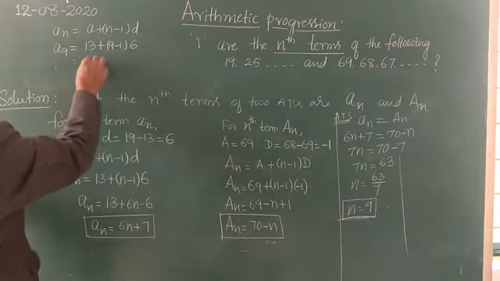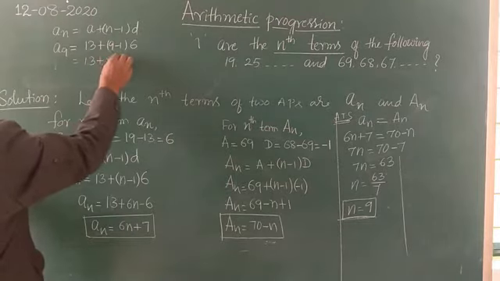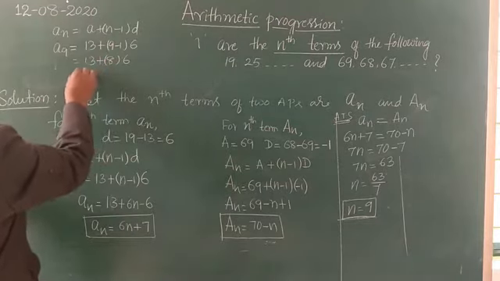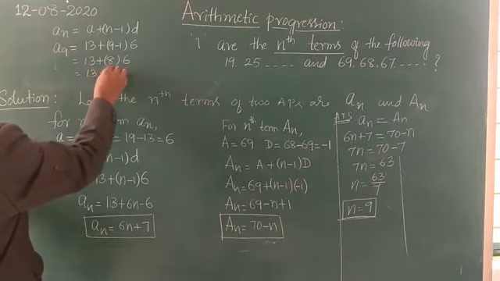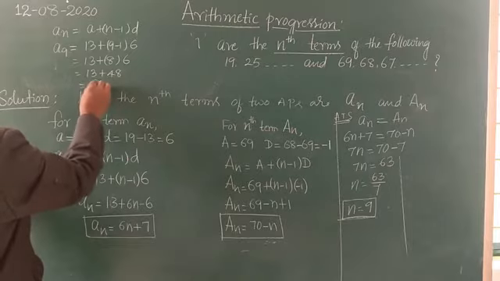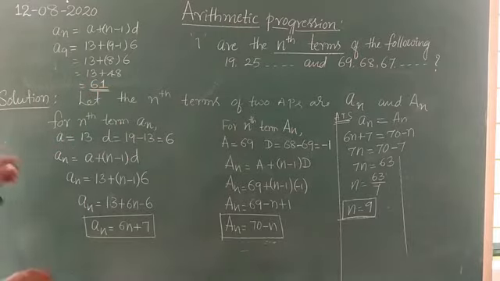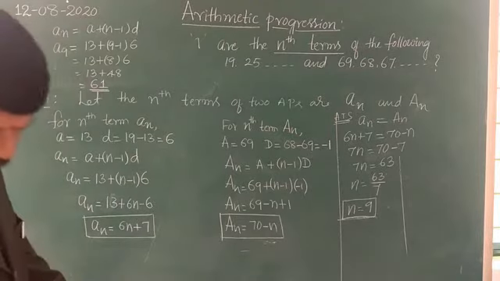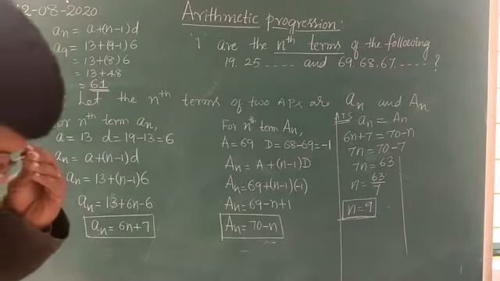That is 13 plus 8 into 6. 13 plus 48, that is 61. A9 is 61 is the term. Right.